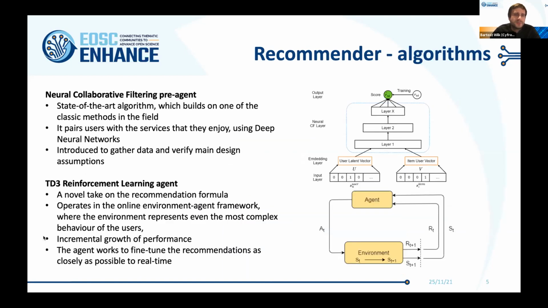The first approach introduced to gather data and verify main design assumptions was neural collaborative filtering. State-of-the-art algorithm for recommender system, which builds on the classic method in the field.